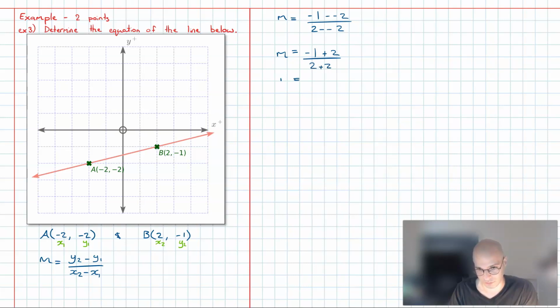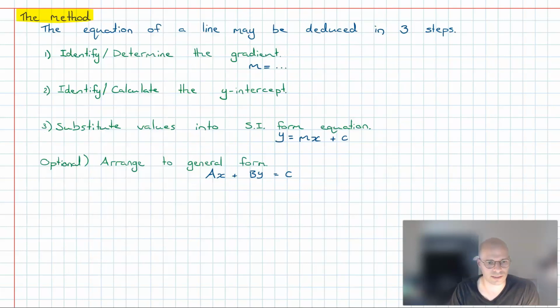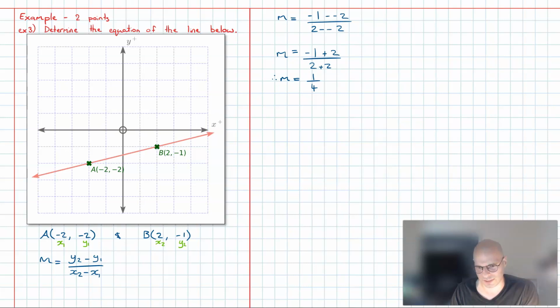So therefore I find that my gradient in this instance is going to be 1 over 4, or a quarter. Okay, next step, I need to calculate my y-intercept. Now this one's a little bit tricky.